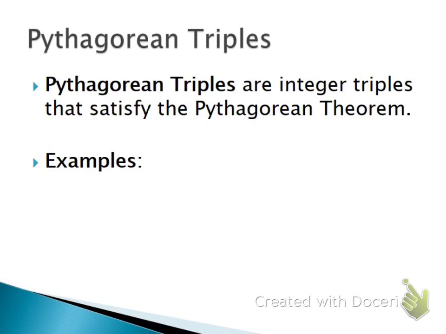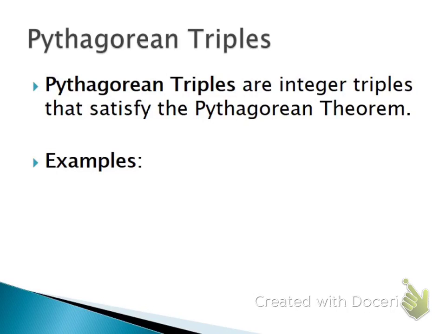All right, the next thing in our notes is Pythagorean triples. Pythagorean triples are integer triples that satisfy the Pythagorean theorem. So 3 integers that satisfy the Pythagorean theorem, meaning we don't have a radical left. There are no radicals involved. All 3 numbers are integers.